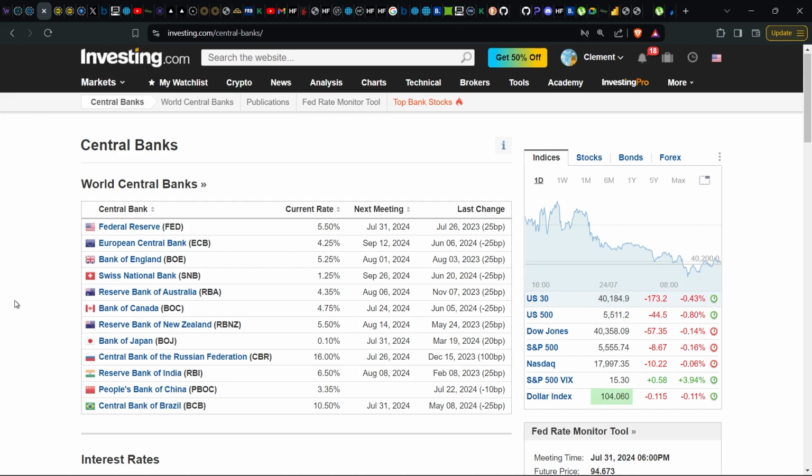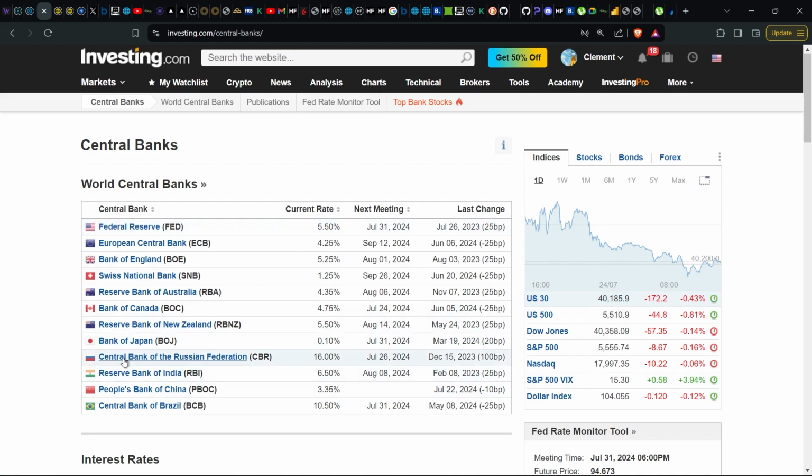currency. All right, so you can see there's a list here: world central banks and their current rates, the next meeting and the last change. Currently, as you can see, the highest among these top G7 economies is the Federal Reserve. They have the highest rates among the G7 countries, 5.5%.